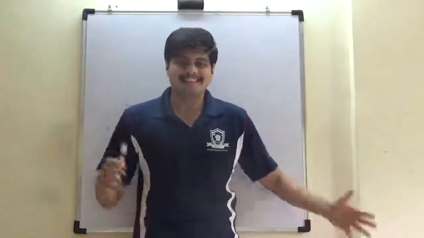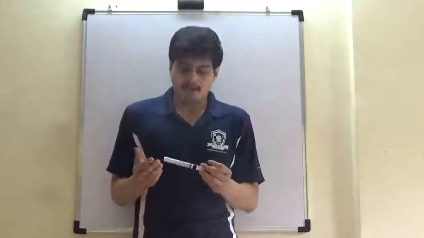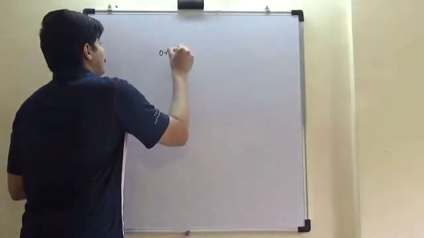Hi, in the spaceflight lecture series, we are now in the last leg of the spaceflight mechanics understanding, wherein we are going to look at some very important concepts of orbital mechanics.